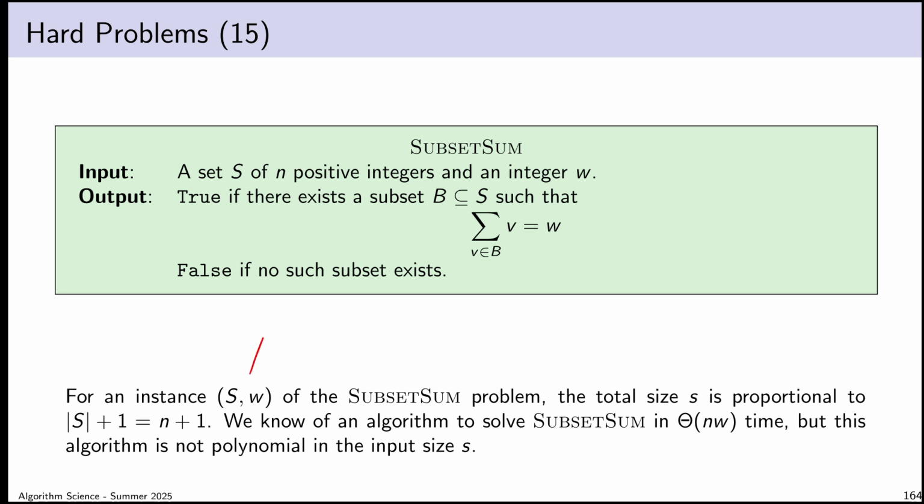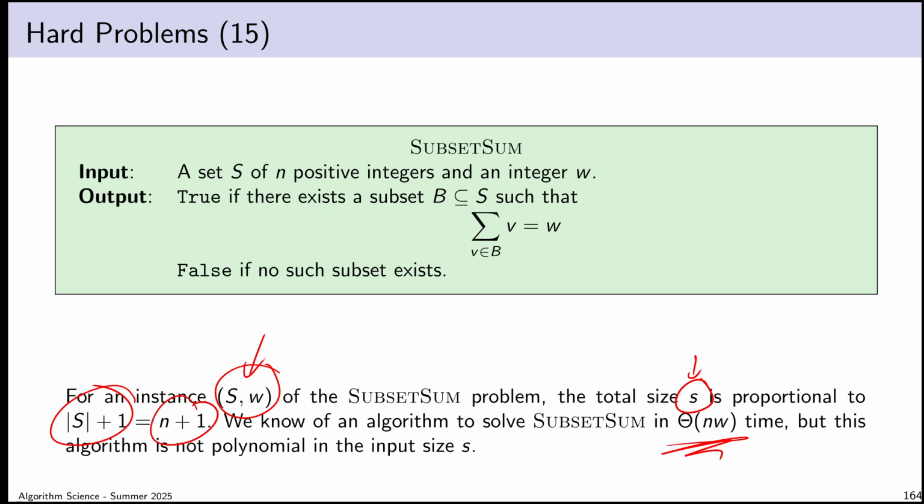Okay, so if I look at the subset sum problem, an instance of that would be a set S and a goal sum W. The total size, so this lowercase s I've been working with, is proportional to the size of S plus 1, which is n plus 1. We know of this algorithm to solve subset sum in this amount of time, but that's not polynomial in terms of the input size, because W can be any value.